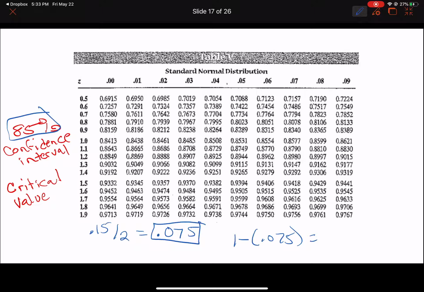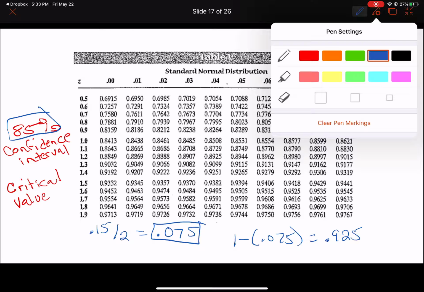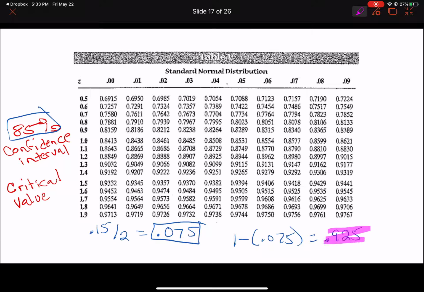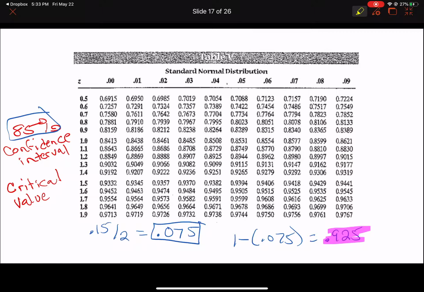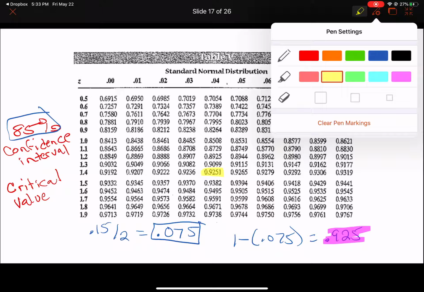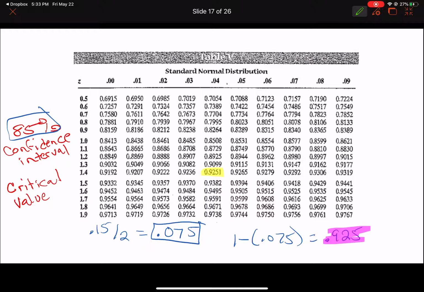That's going to give me 0.925. This right here is what I'm going to look for in my table. And look at that, this right here is really close to 0.925. So my critical value would be 1.44.